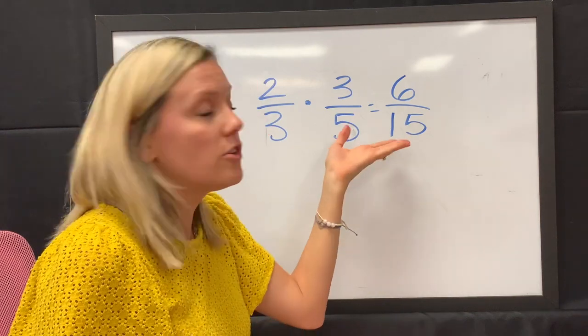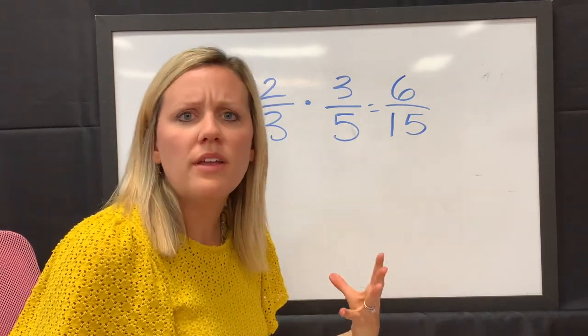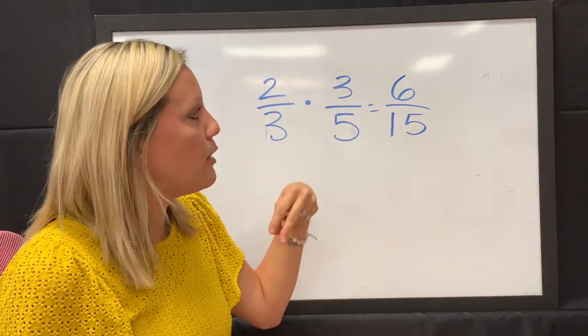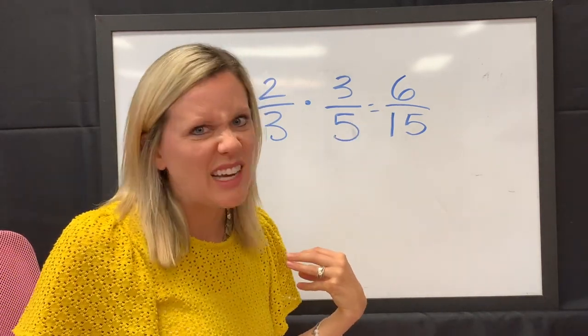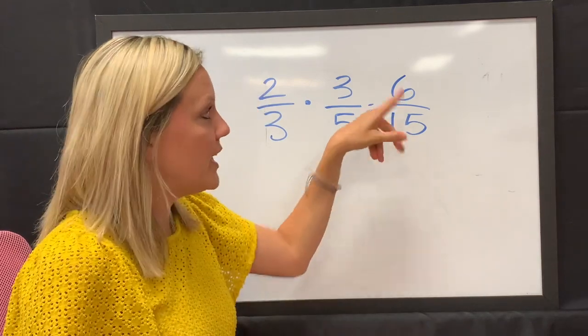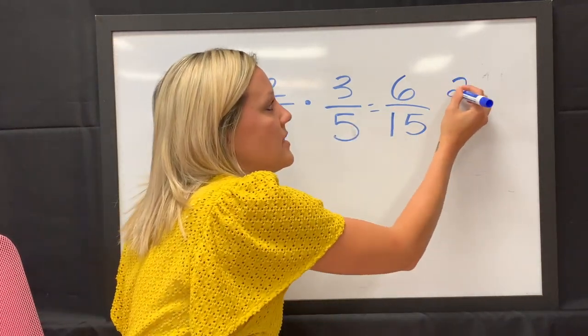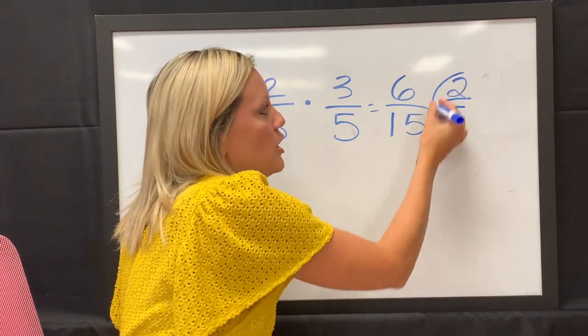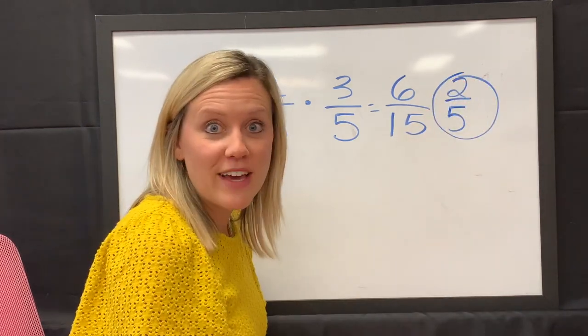Again, this is still the correct answer. We just want to put it in the proper form by reducing it. So what number goes into both 6 and 15 besides 1? That number is 3. 3 goes into 6 twice. 3 goes into 15 5 times. So our final answer is 2/5.